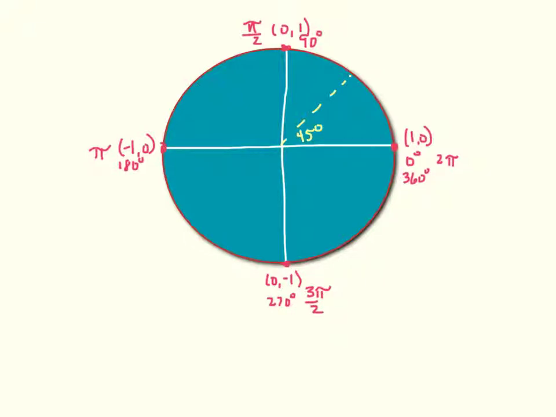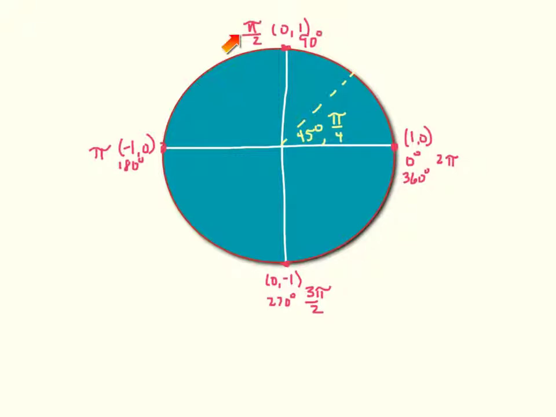So this is at 45 degrees or pi over 4. So we can count by 45s or by pi over 4. If I go another 45, I'm at 90, or pi over 2. So pi over 4, 2 pi over 4. 2 pi over 4 reduces to pi over 2. That's where that comes from.